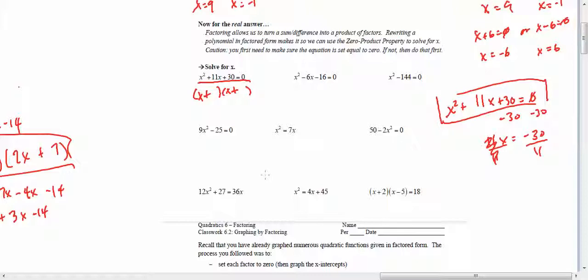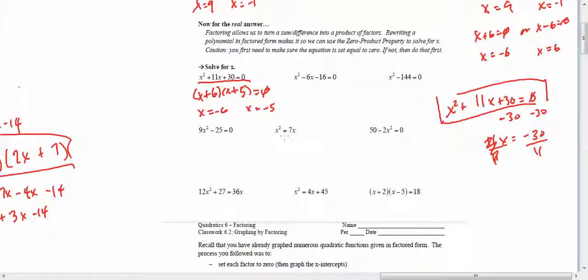You want them to add to be 11. 6 and 5 do. Perfect. And that equals 0. So this tells me that x is equal to negative 6, or x is equal to negative 5.